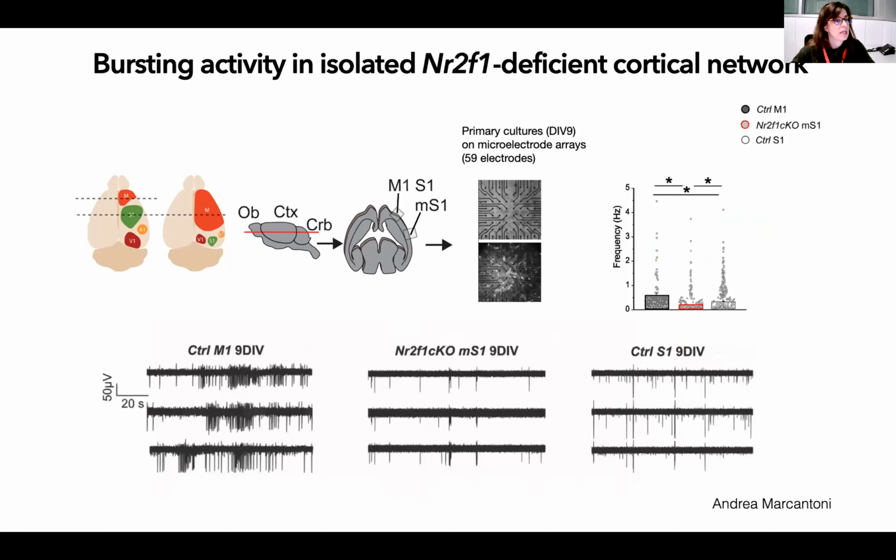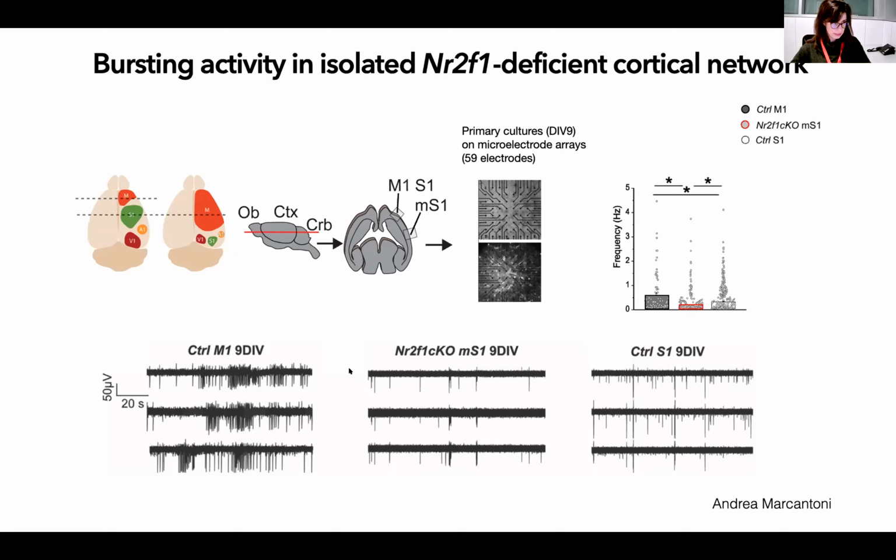So in order to understand whether intrinsic activity in the neocortex was altered independently of the incoming input from other structures that are still normal, we thought it would be a valid approach to dissect the cortical regions of the different cortices and plate only the cortical neurons in microelectrode arrays composed of 59 electrodes at E18.5 and let these cultures mature until we see synchronized activity.